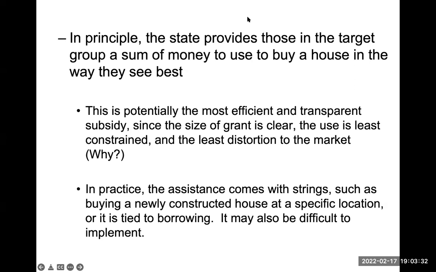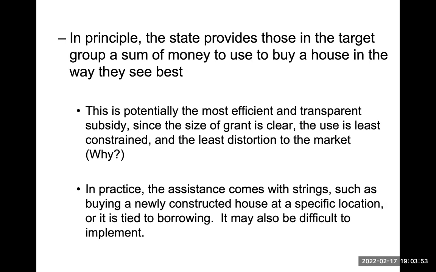This is potentially the most efficient and transparent subsidy, as the size of the grant is clear, and the use of the subsidy is largely constant, and we can see very little distortion to the market.